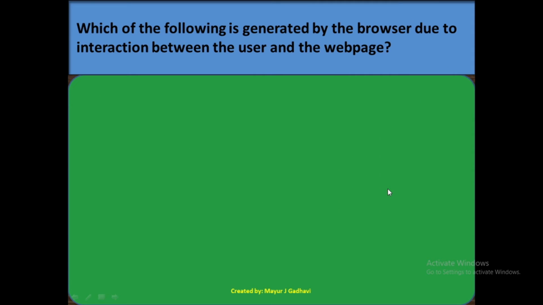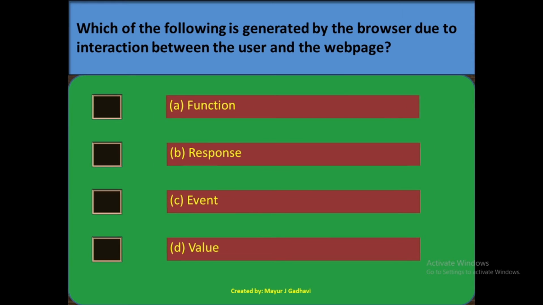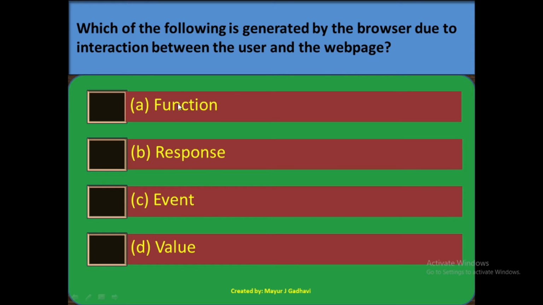Next, which of the following is generated by the browser due to interaction between the user and the web page? So when a web page is opened, when user clicks on a particular option or just moves the mouse pointer, what happens actually at that time? So that is known as function, response, event or value.